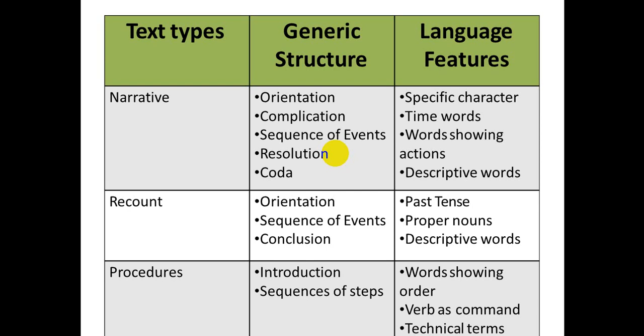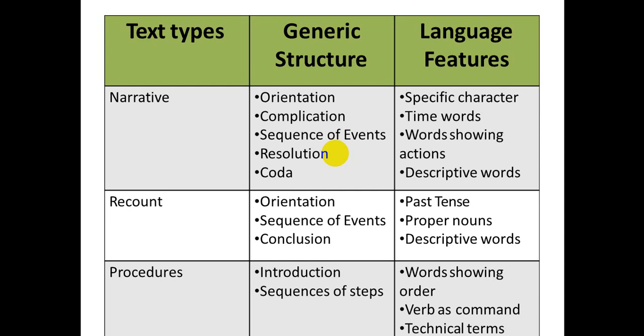For example, something can be called a procedure, such as a factory producing a product. If you want to know how it is produced, you can see the sequence of steps, and first of all it will be introduced what it is.